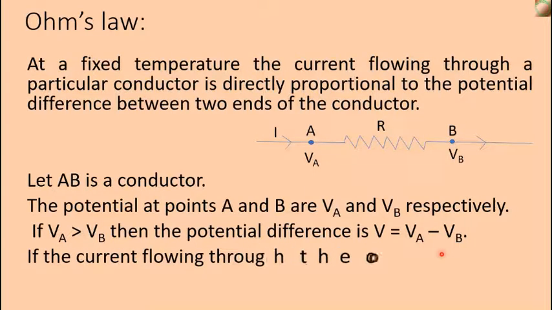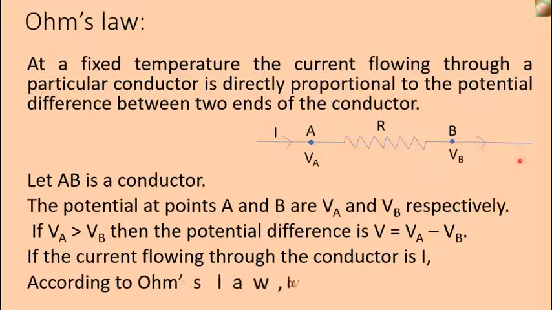If current I is flowing through this conductor from A to B, because here potential at point A, VA, is greater than the potential at point B, VB. Therefore current is flowing from higher potential to lower potential.